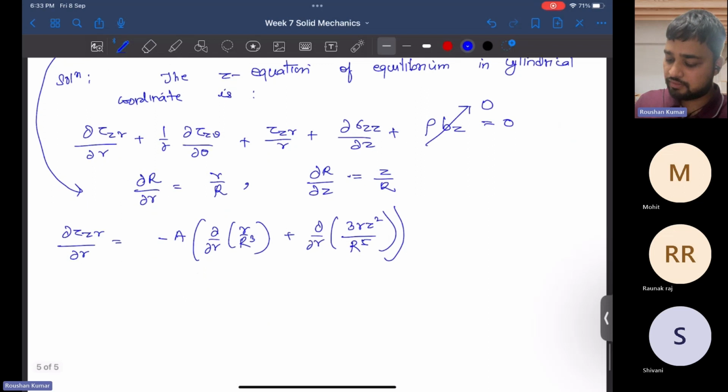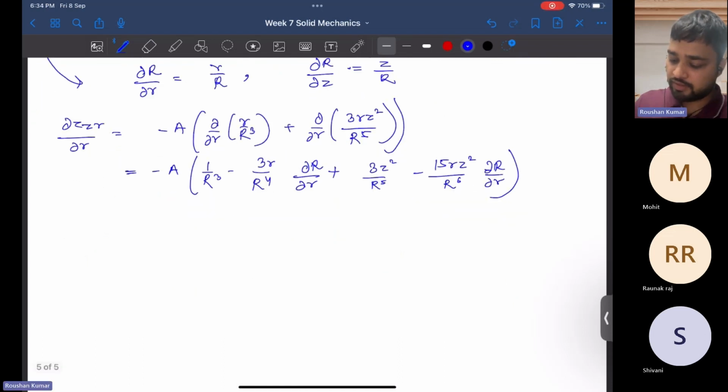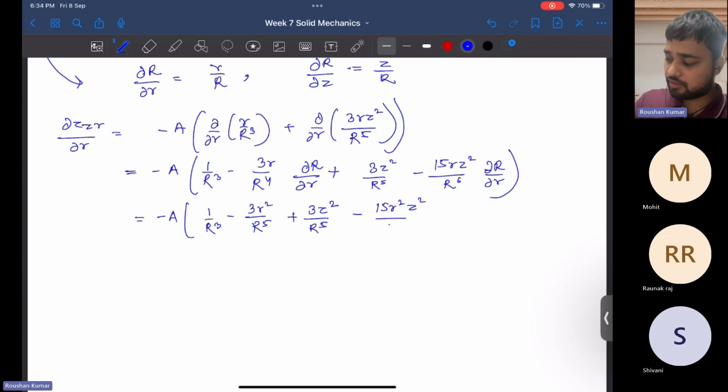If we calculate this, we find the final expression is minus A times 1 by R cube minus 3r upon R to the power 4 del R upon del r plus 3z square by R to the power 5 minus 15 r z square upon R to the power 6 del R upon del r. Upon further manipulating, the final expression becomes minus A times 1 by R cube minus 3r square upon R to the power 5 plus 3z square upon R to the power 5 minus 15r square z square upon R to the power 7.